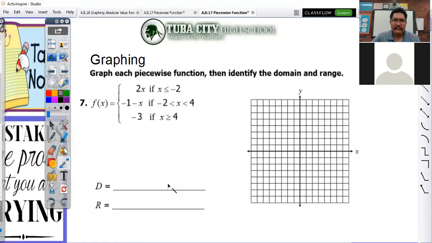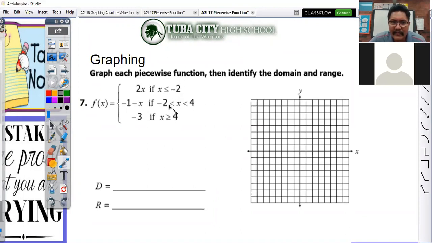Okay, number 7. So check for the breaks. I have a break in the x values at -2. Be careful, because sometimes they can have a big gap between two numbers and nothing in between. That's possible, but I don't see it all that often.